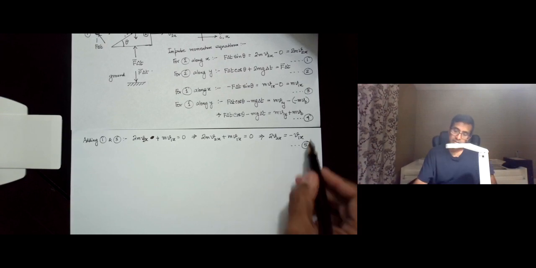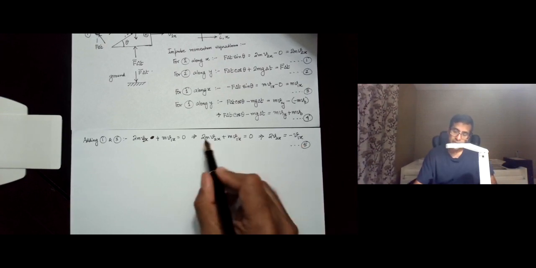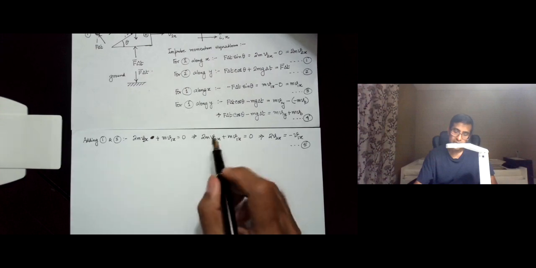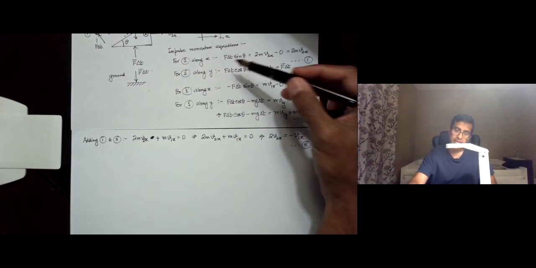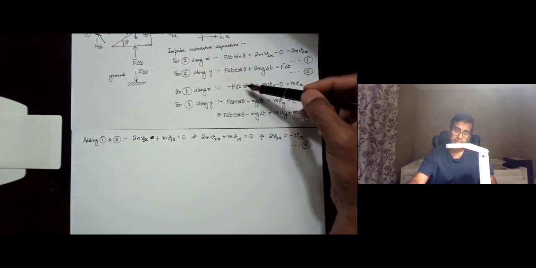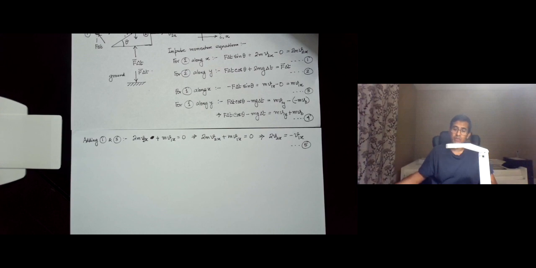This is a classic conservation of momentum equation. What we have done is eliminate the F sine theta term by adding equations 1 and 3, and what we are left with is just a conservation of momentum equation which is true during the collision.